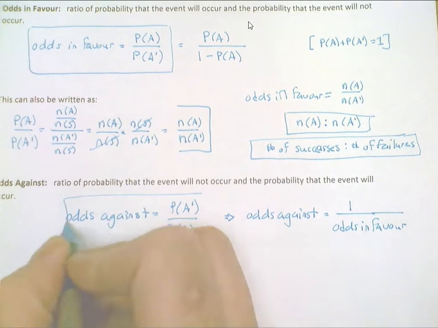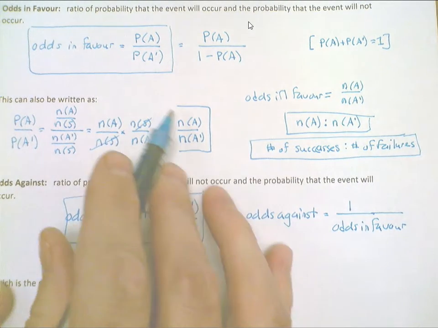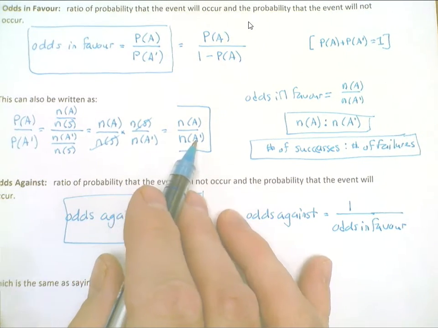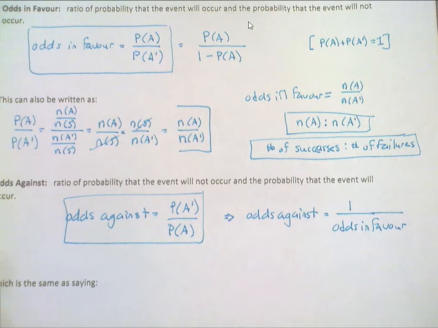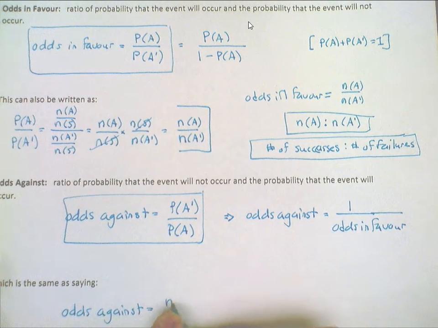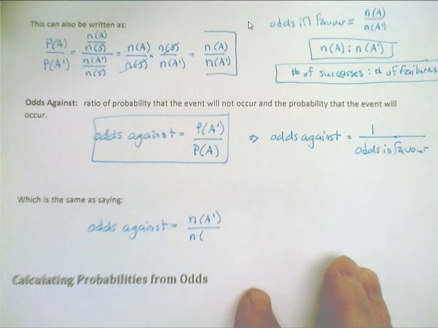In the exact same way that we showed up above, the same thing happens here. So we say odds against is equal to the number of outcomes where it does not happen over the number of outcomes where it does happen.